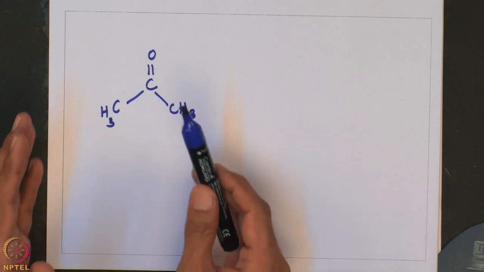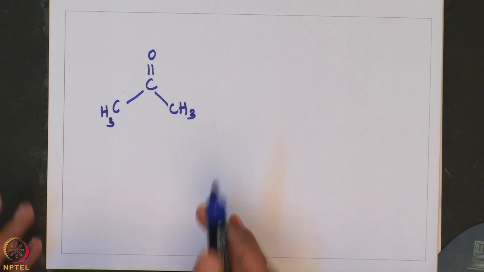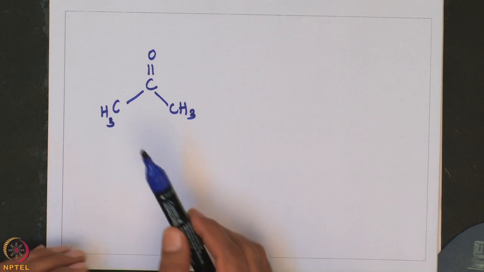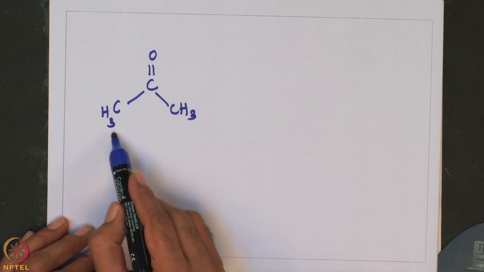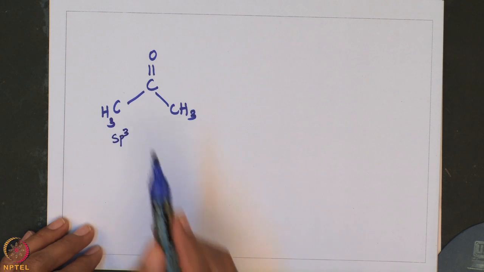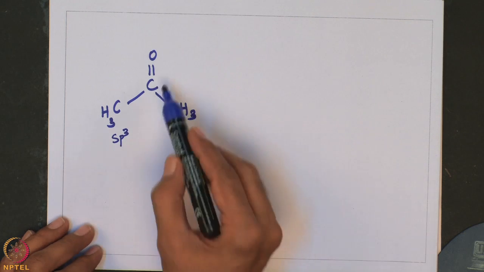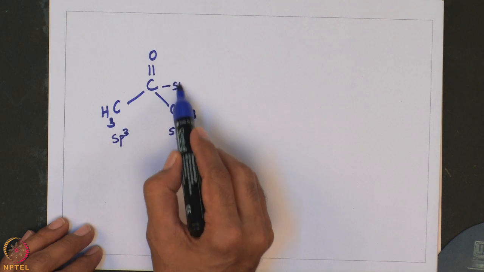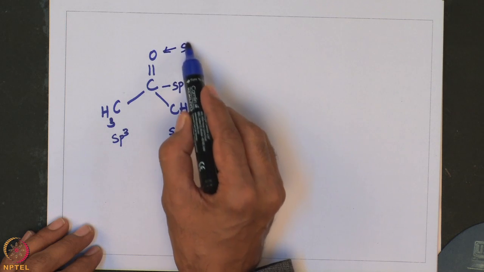And from the structure I have written, you should be able to clearly see the kind of hybridization one can think of for each atom present here. This carbon should be sp3 in nature, this carbon should be sp3 in nature, this carbon should be sp2 in nature, and this oxygen should be sp2 in nature.